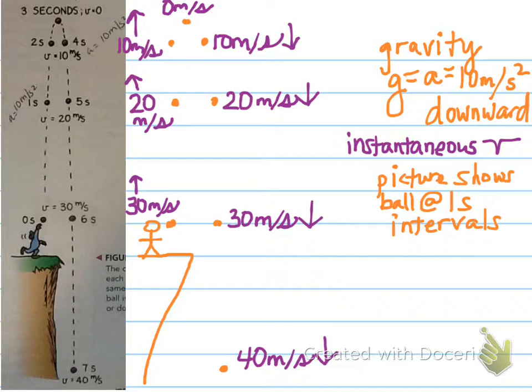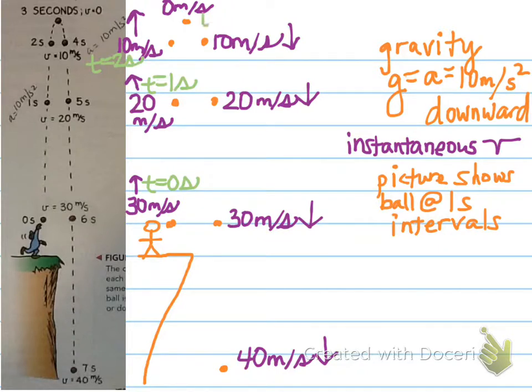So let's go ahead and put little times in here. This is t equals 0 seconds. This is t equals 1 second. This is t equals 2 seconds.